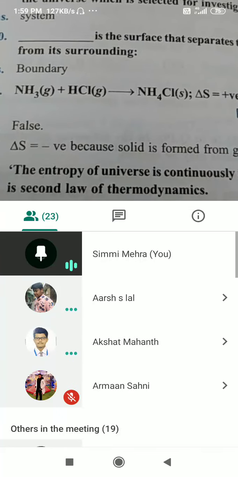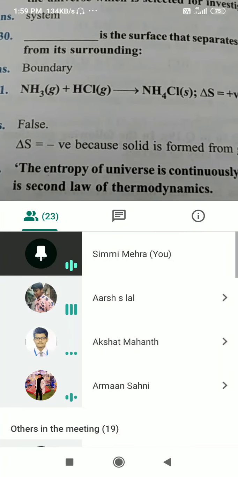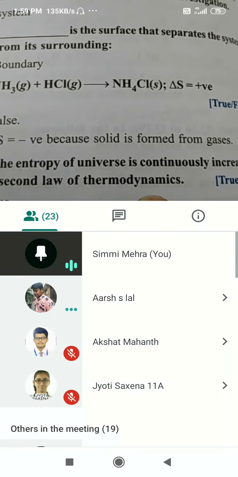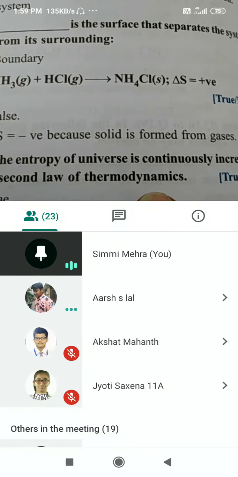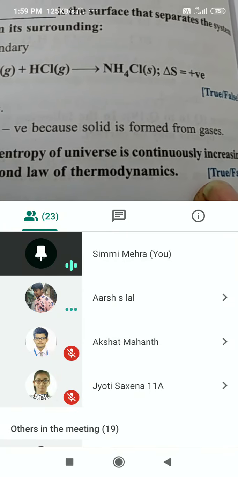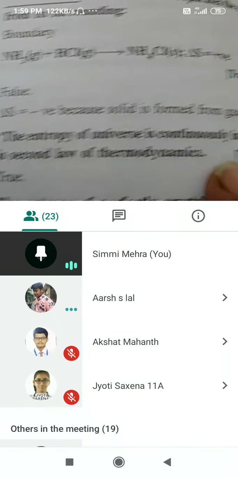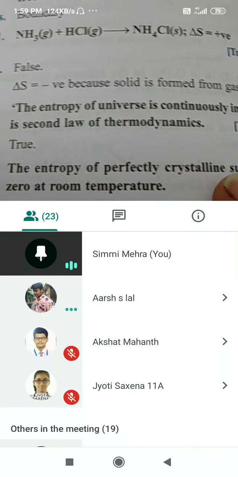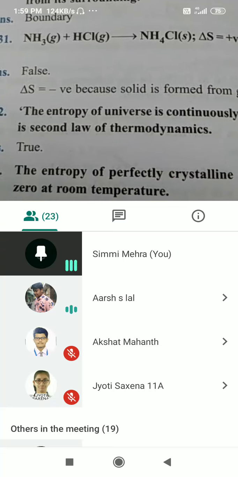The entropy of universe is continuously increasing in second law of thermodynamics. Second law of thermodynamics yesterday we had done. So delta S continuously increases. Okay, because all the reactions in nature are spontaneous. True. The entropy of perfectly crystalline substance is zero at room temperature.